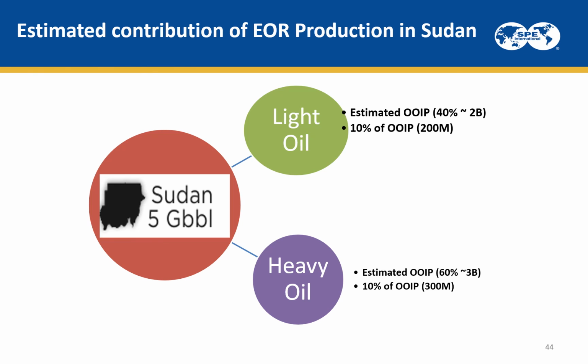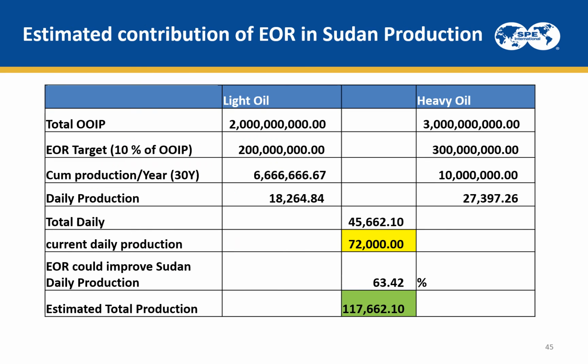And if you are targeting just 10% of the oil from EOR, that means we are talking about 200 million barrels. And for heavy oil, we are talking about 300 million barrels. In total, 500 million barrels can be produced if you consider EOR implementation in Sudan. The breakdown, if we consider 30 years, is that every year we can produce 6.6 million barrels.